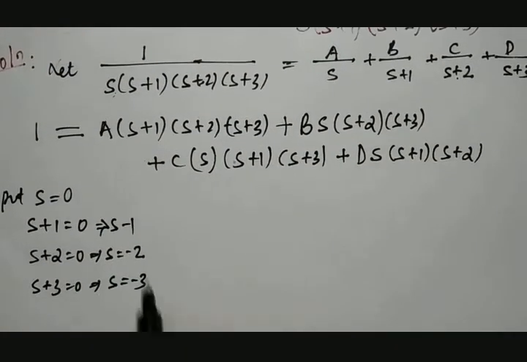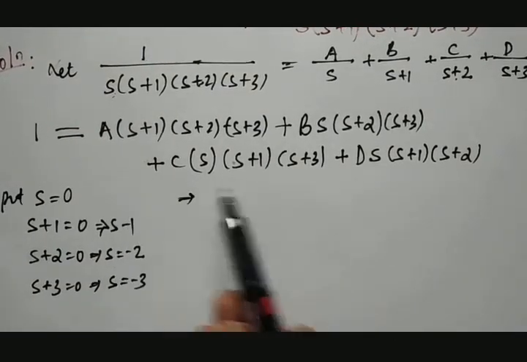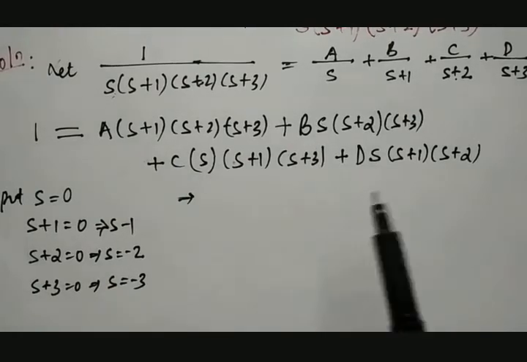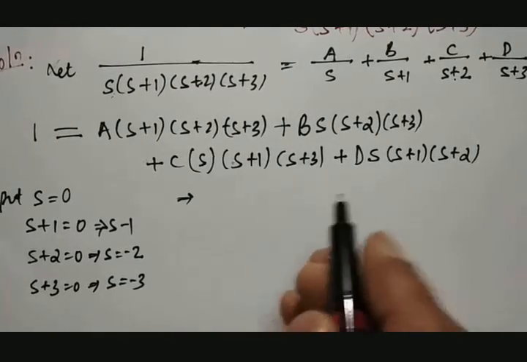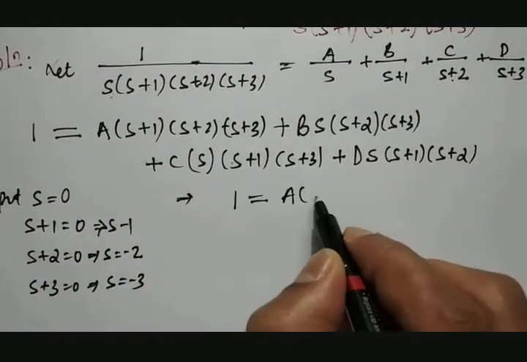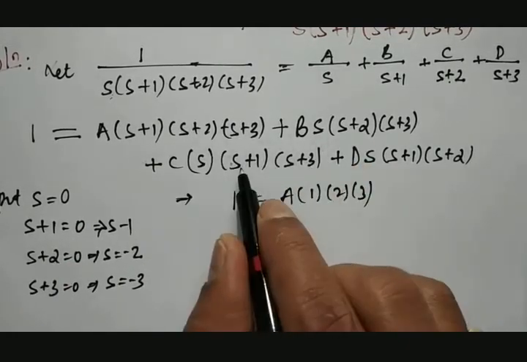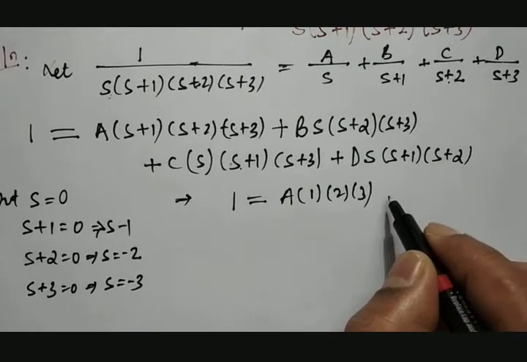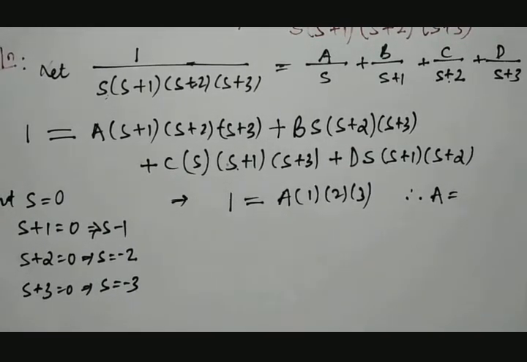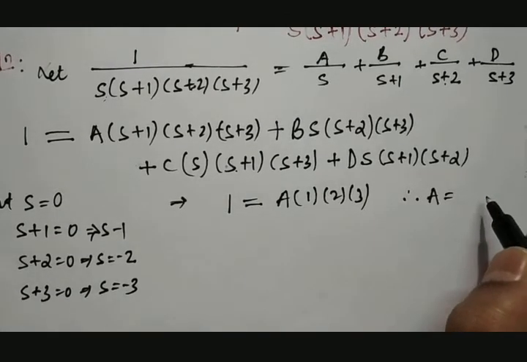If you substitute these results one by one, if you put s is equal to 0, then in 3 places s is equal to 0, so it becomes straight away 0. Therefore 1 is equal to A into 1, 2, 3. All other B, C and D terms become 0 only. Therefore 1 is equal to 6A. Therefore A is equal to 1 by 6.